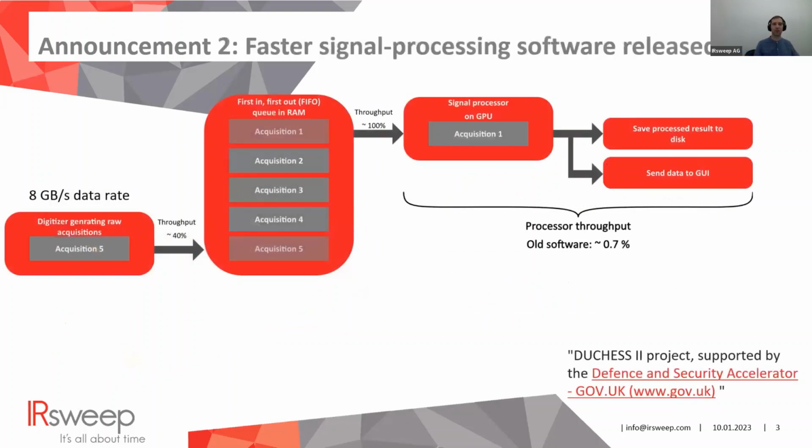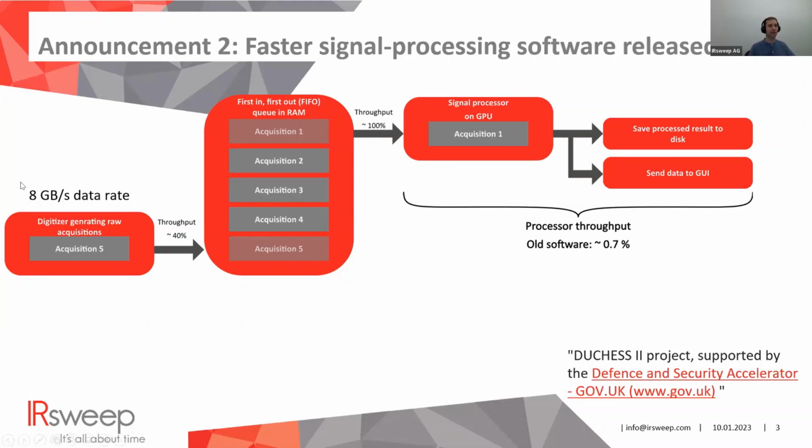A second announcement that is kind of a technical one, but I'm going through it quickly. We have released, or we're about to release, a new faster signal processing software. The problem that we're facing in QCL Dualcomb spectroscopy is shown here.